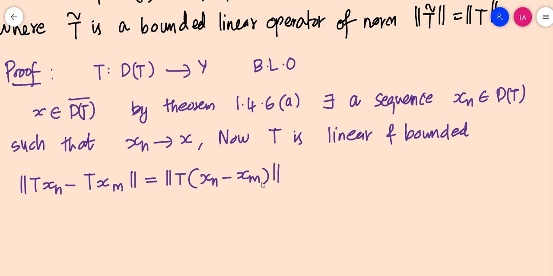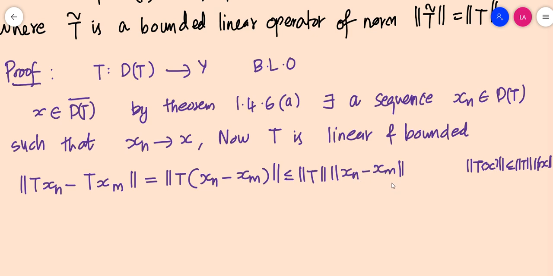Now T is bounded, so norm T of x should be less than or equal to norm T into norm x. So this should be less than or equal to norm T into norm of xn minus xm, since T is actually bounded.